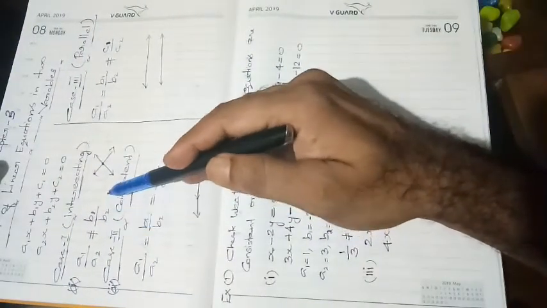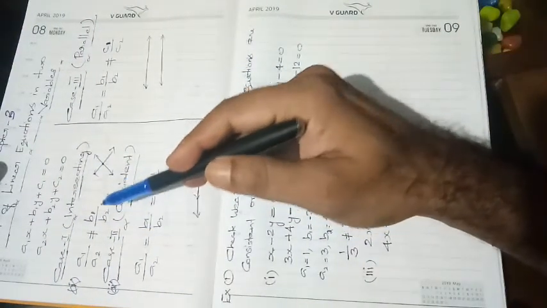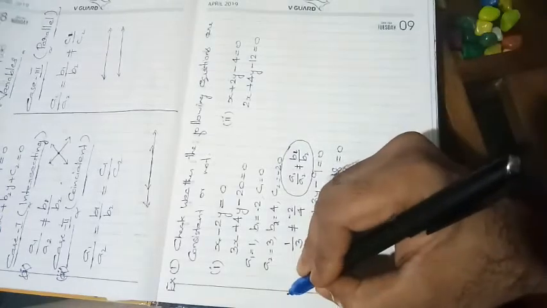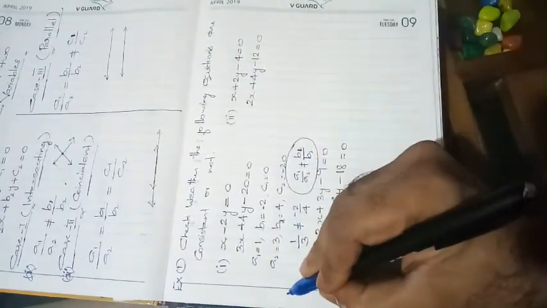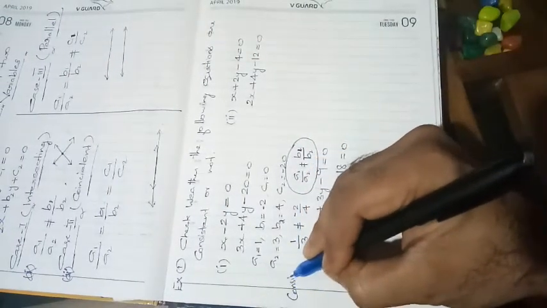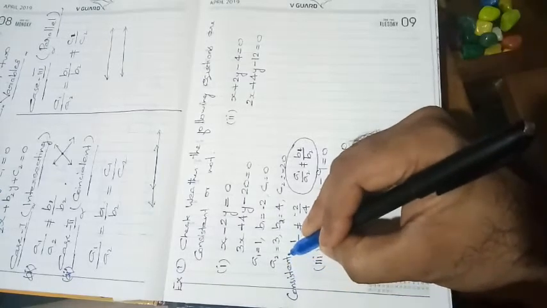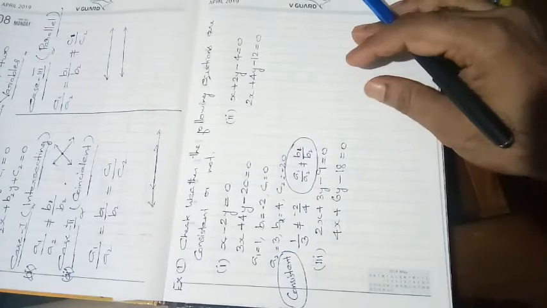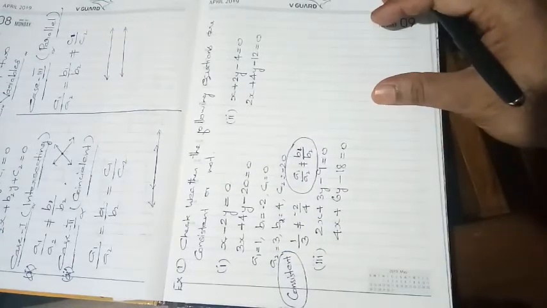The two lines are intersecting. So we can say that it is consistent. I am writing here, consistent. Is it clear, students? Okay.